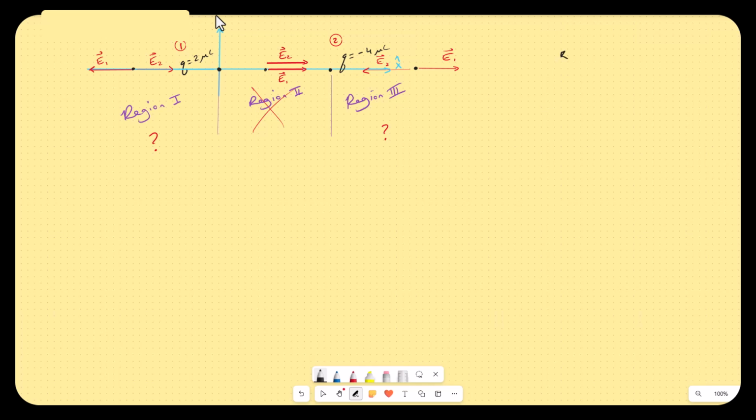Because my electric field is KQ over R squared, I'm trying to match these effectively. KQ1 over R1 squared is going to be KQ2 over R2 squared. If Q1 is smaller than Q2, then R1 has to be smaller than R2. So I need to be looking in region 1 to make this work. So I know that I want region 1.